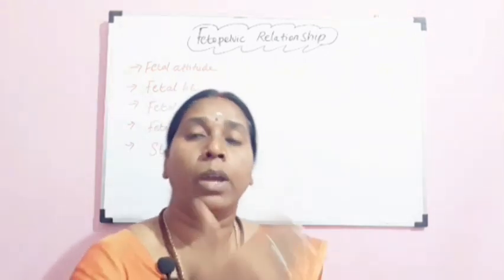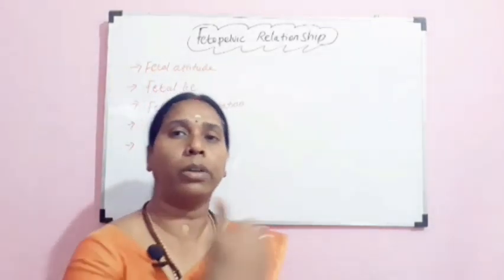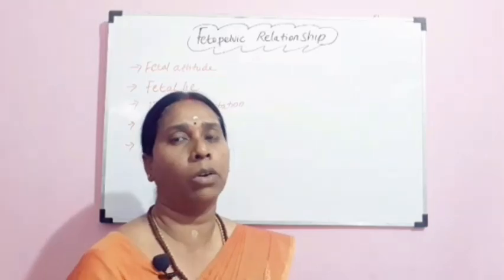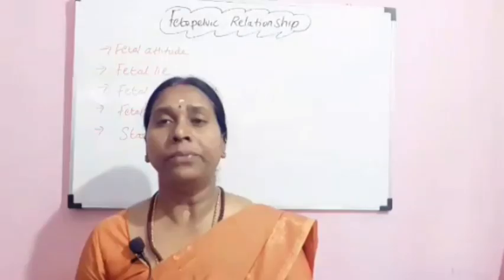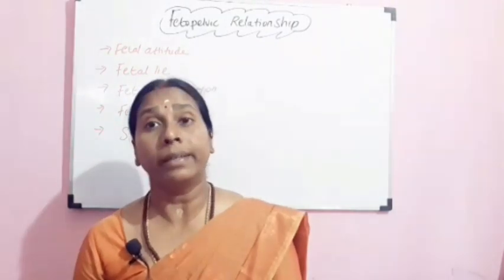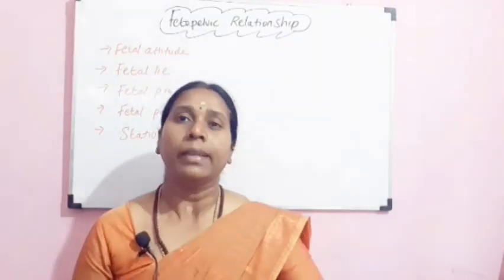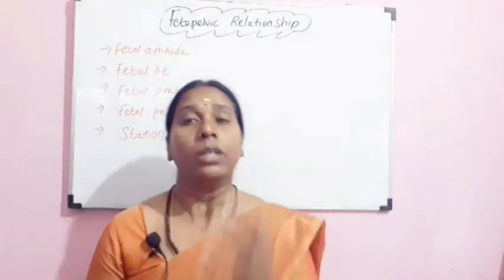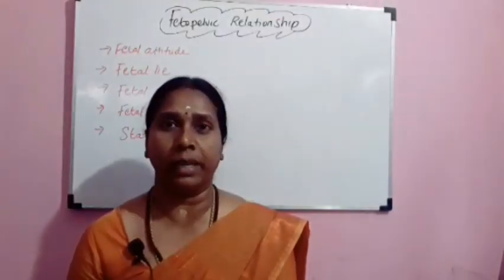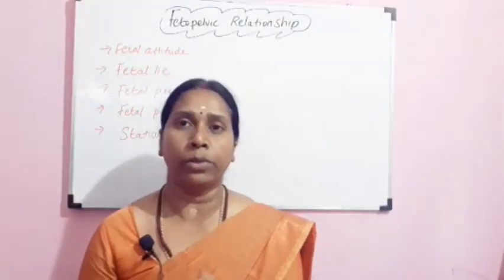So either it is on the anterior side or otherwise posterior side, left side or right side. Depending upon the fetal position, you can tell whether the baby is in the left anterior posterior diameter or otherwise right anterior posterior diameter. All these things can be explained when you talk about position.